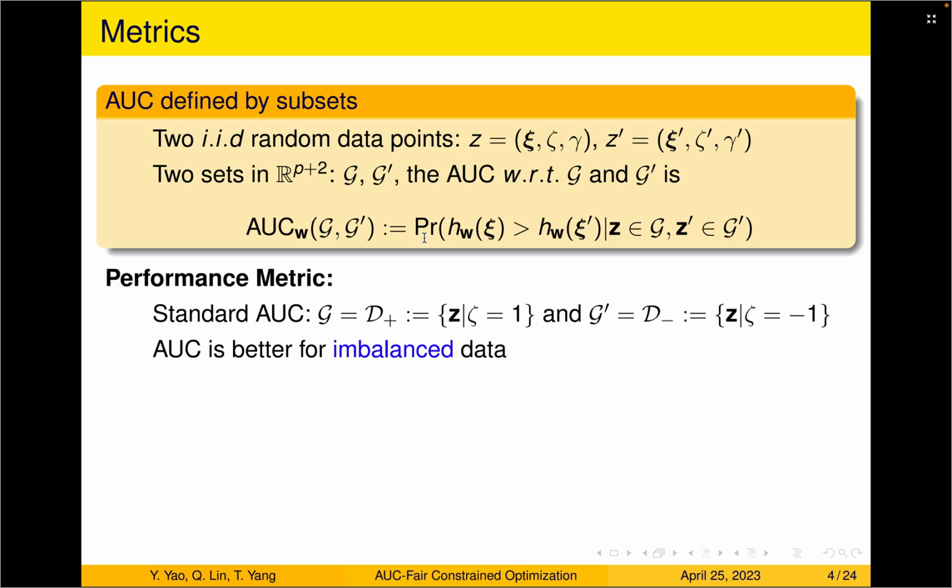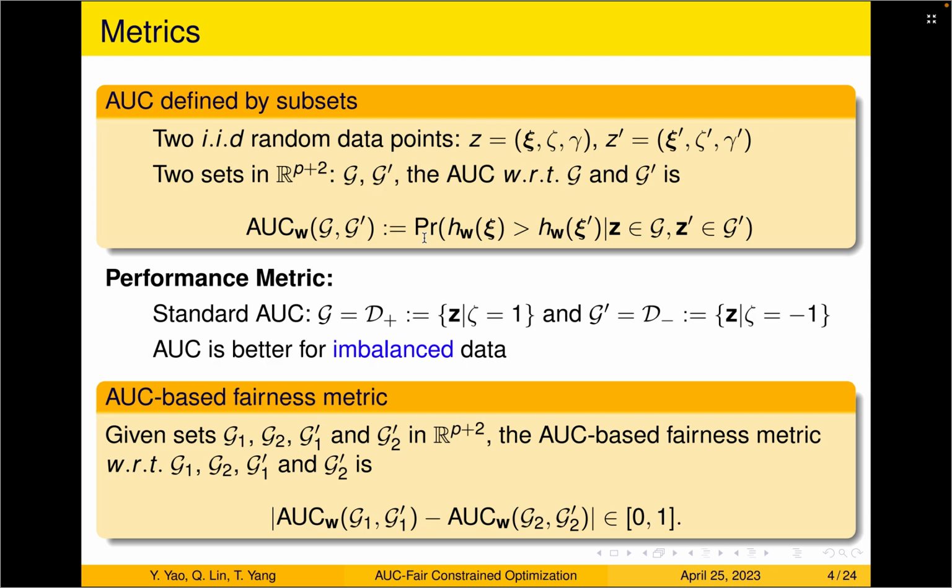And we use the standard AUC as a performance metric, which is just when g equals the positive data set and g prime represents the negative data set. We use AUC as a performance metric because AUC is better for imbalanced data sets.